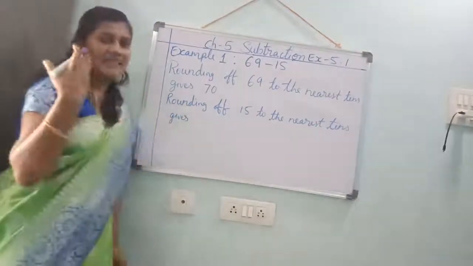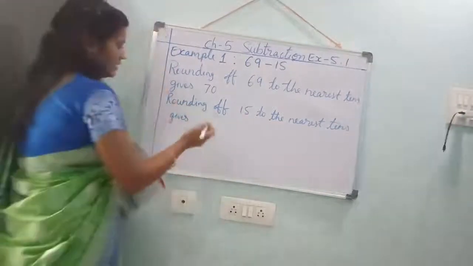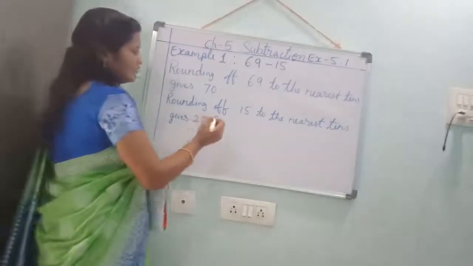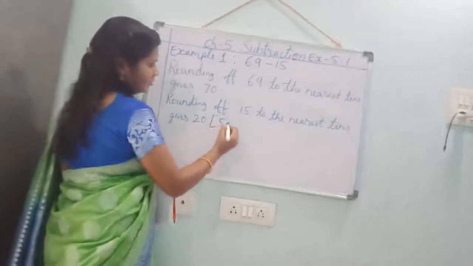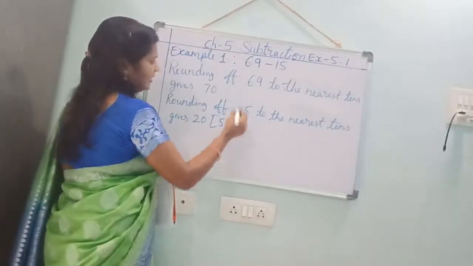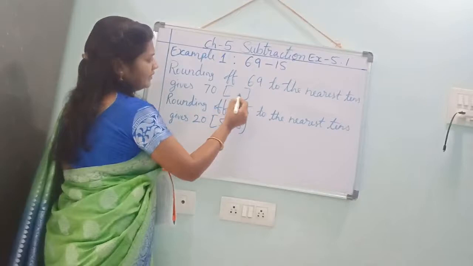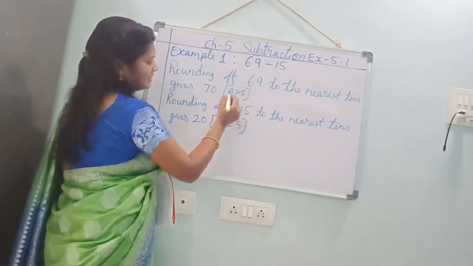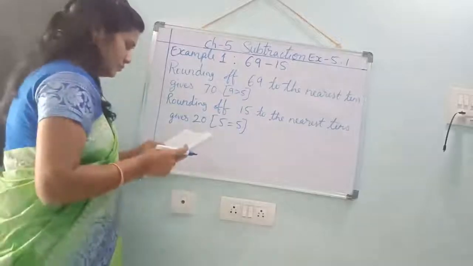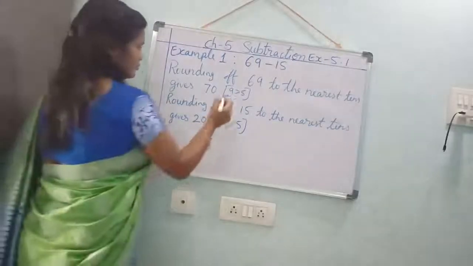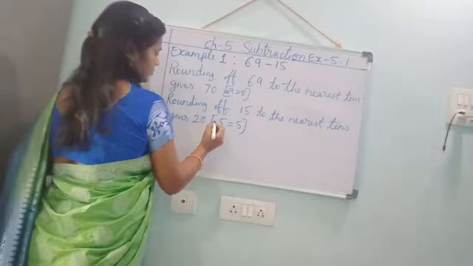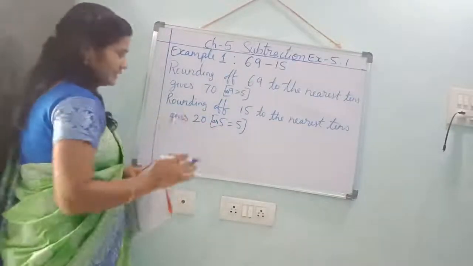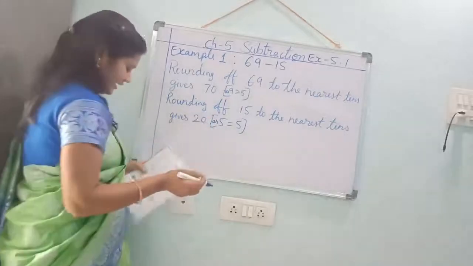You can write 10 otherwise 20. Understood, children? Because 5 is equal, both sides 5 are equal. Here what happened? 9 is greater than 5. Here 5 is equal to 5. That's why 20, otherwise 10 you can write.